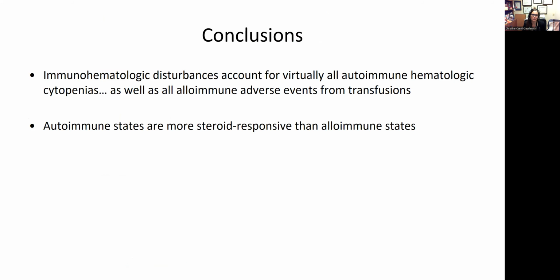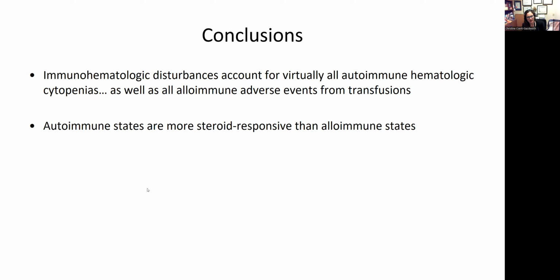So I will conclude with 2 more points. To summarize all of this, immune heme disturbances account for almost all autoimmune hematologic cytopenias, and what I'm saying here is don't forget about alloimmune processes too. Okay, so don't forget about things like PTP or TAGVHD or trollogenic antibodies.